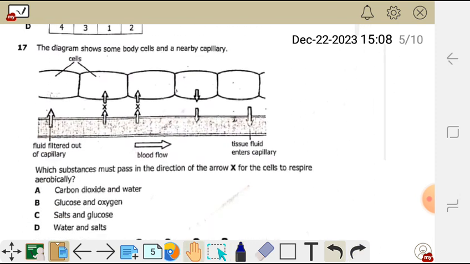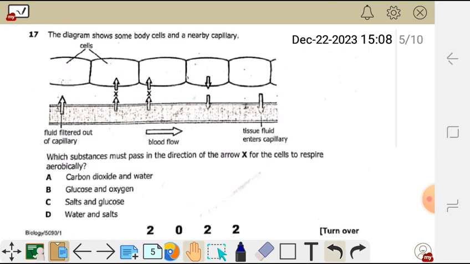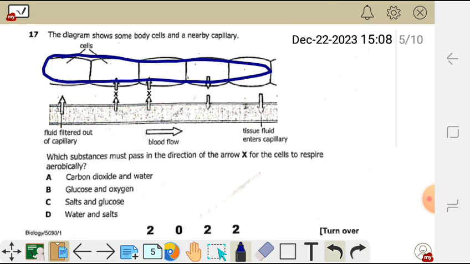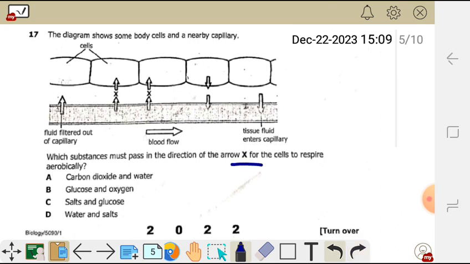Question 17. The diagram shows some body cells and a nearby capillary. This is a capillary, and these are the body cells. Which substance must pass in the direction of the arrow X for the cells to respire aerobically? Aerobically means we are using oxygen.